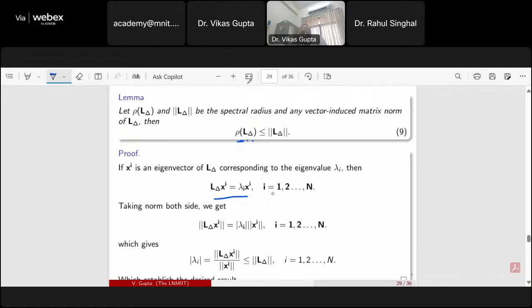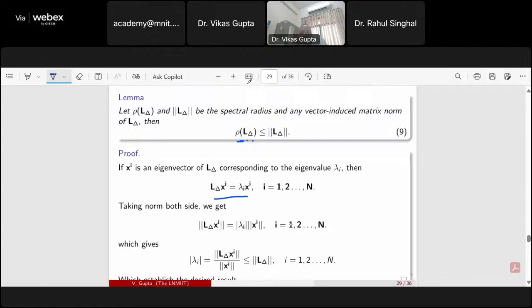Now if we take the norm on both sides of this equation, the norm of L_delta x_i will be equal to mod of lambda_i into the norm of x_i.